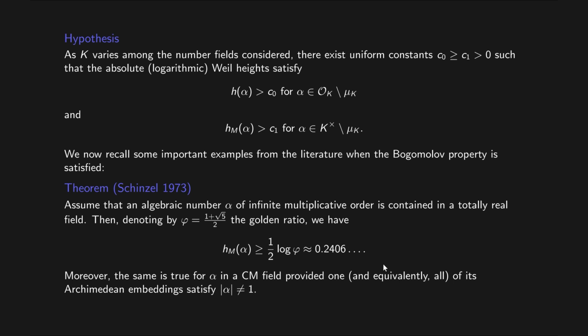And there is a theorem of Schinzel, which tells us that if a number alpha is of infinite multiplicative order, so alpha is not a root of unity, and it is contained in a totally real number field, then its absolute Mahler measure is bounded below by a certain explicit number.